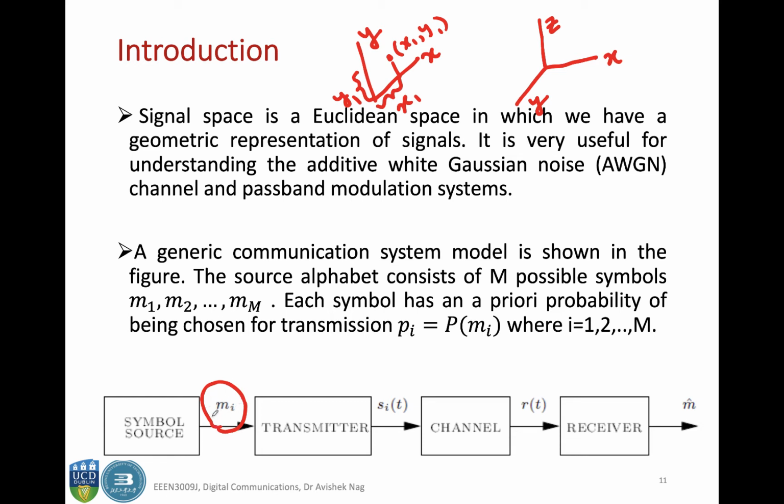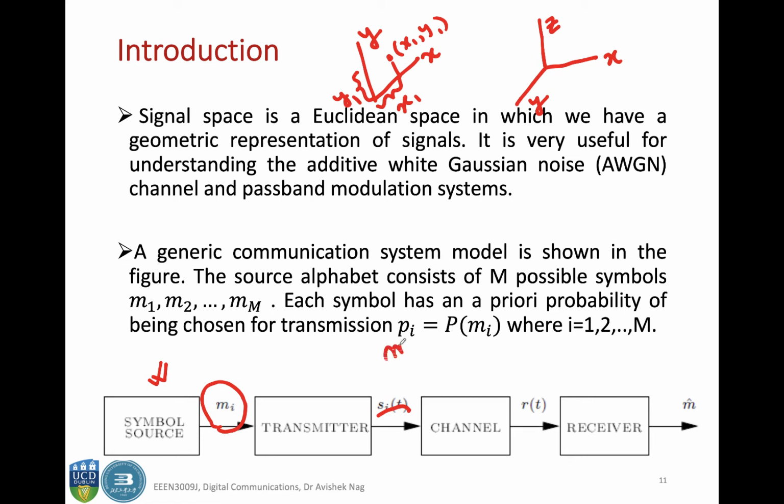They are generated from this symbol source, and then a transmitter maps each of these symbols to a particular waveform or signal si(t).